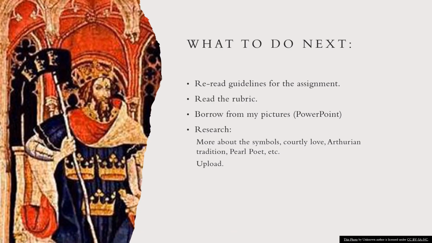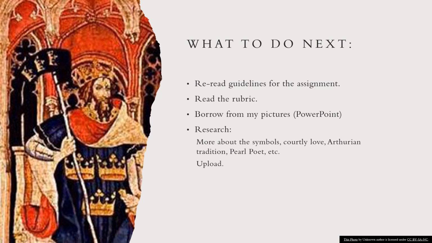So next, reread the guidelines for the assignment and the rubric. If you are doing a PowerPoint, you can borrow any pictures from this presentation and reuse them. You can also find pictures in your research to use if you want. And you need to do some research about this.